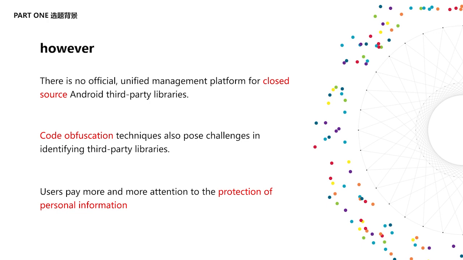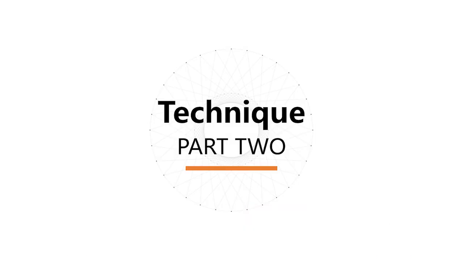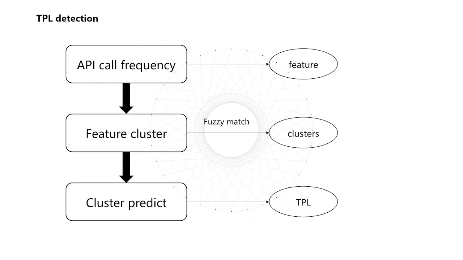Part 2, I will introduce the technique of LibMonitor. We propose a feature matching approach for detecting TPLs. First, we divide Android APIs into 50 categories according to their function, and then we extract API call frequency for each category as features.